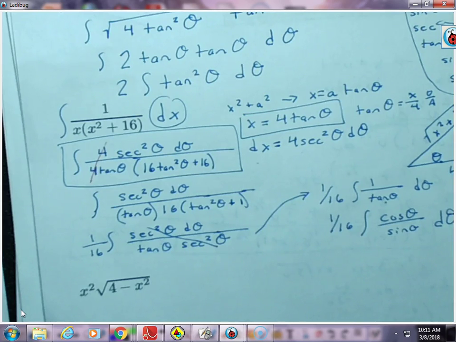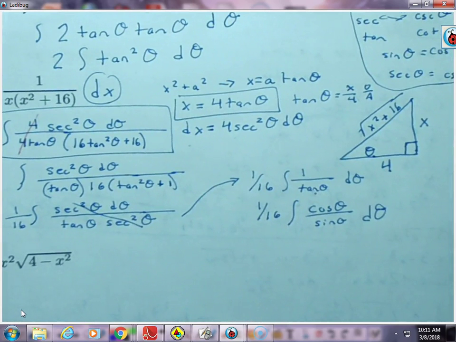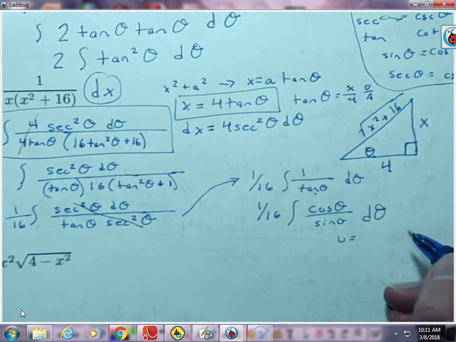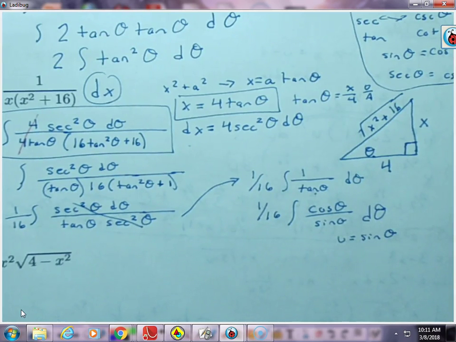Okay, what good is that? Yeah, I do know, but do you know? So what do you think u should be? Yeah. Use the denominator.